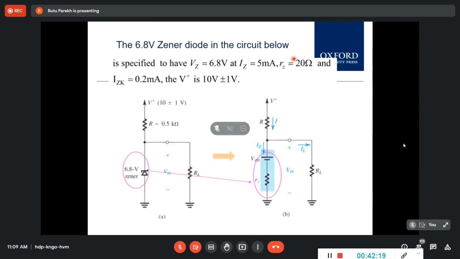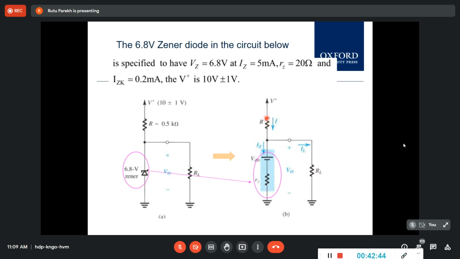So now when all of these things are given, you have to think in mind. Now if you replace this with this, then from this loop, this is the total current, and if there is no load, then this I will be equal to IZ. But when there is a load, this current I will get divided into the Zener current and the load current.